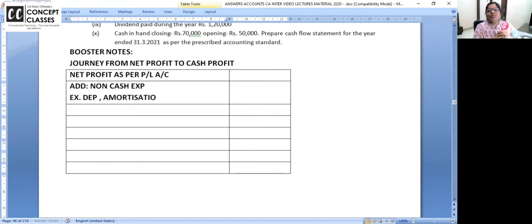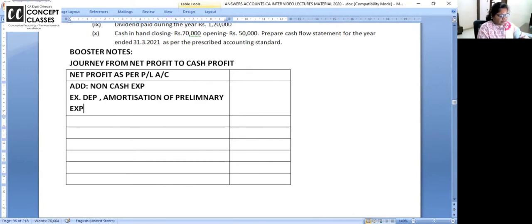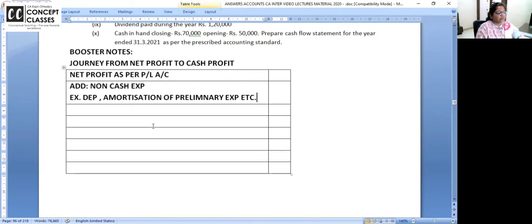I think all of you know goodwill and preliminary expense and intangibles are amortization of preliminary expense, etc. है ना? Preliminary expense. Amount column में कुछ नहीं लिखना है. It's just a format I have made.